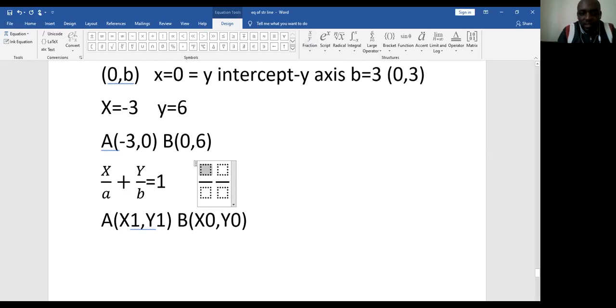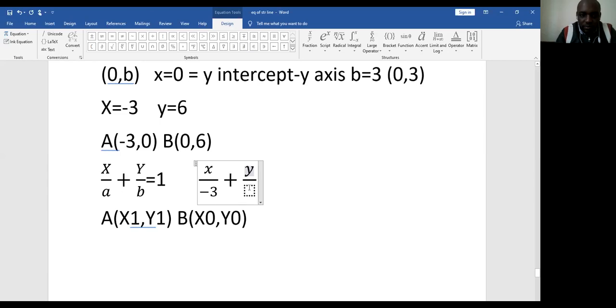So X over -3 would have been equal to half. X over -3 plus Y over 6 is equal to 1. So this is how you would have written your equation.